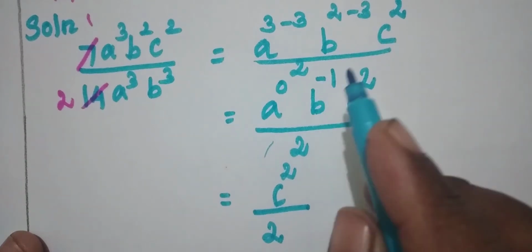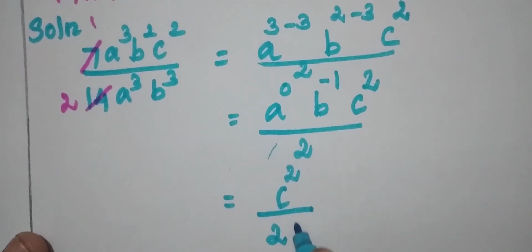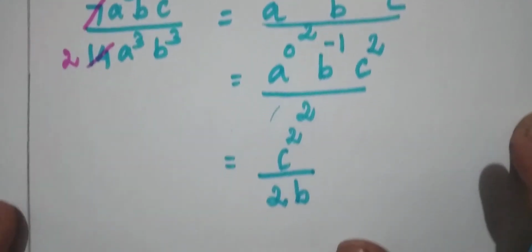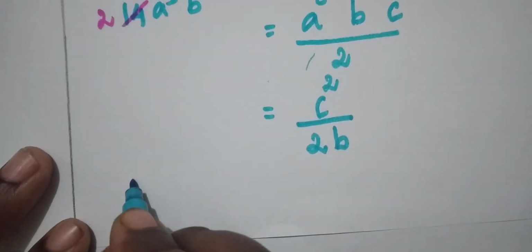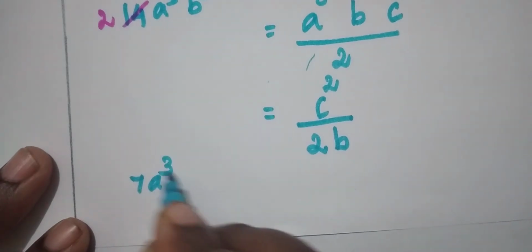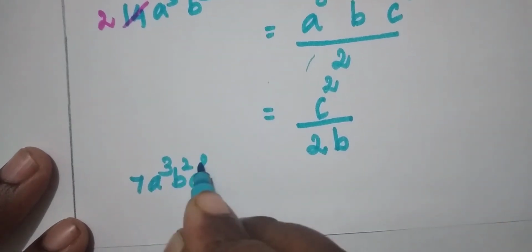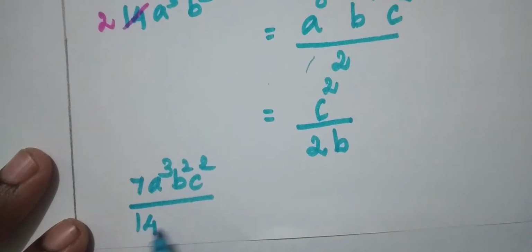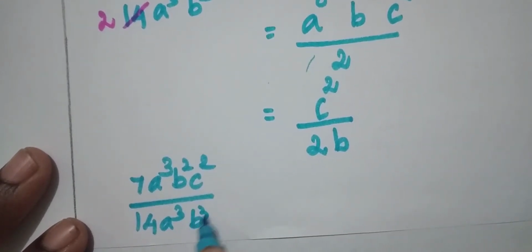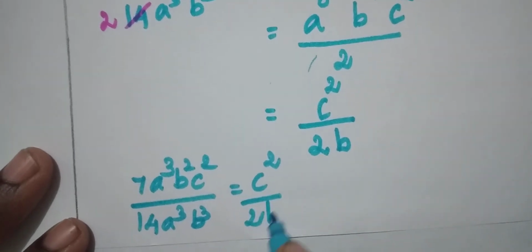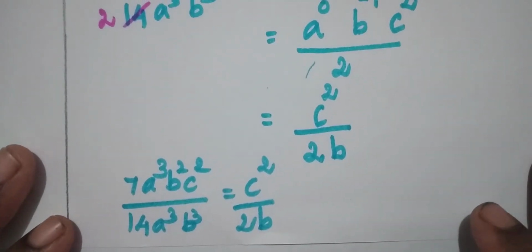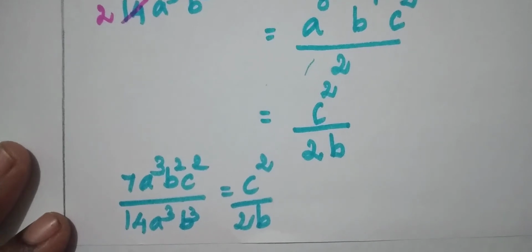Bring this b power minus 1 to the denominator and this becomes b power plus 1. So the answer is 7a cube b square c square divided by 14a cube b cube is equal to c square divided by 2b. Is it clear, children? Yes.